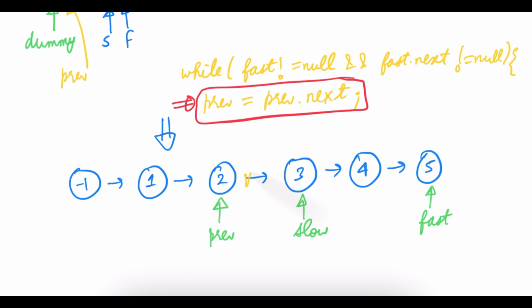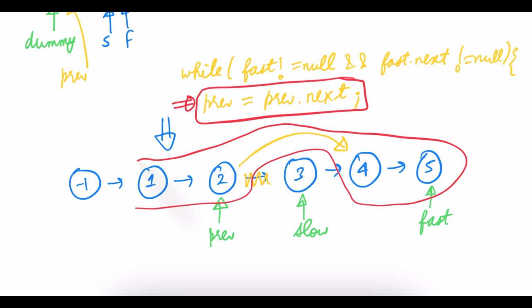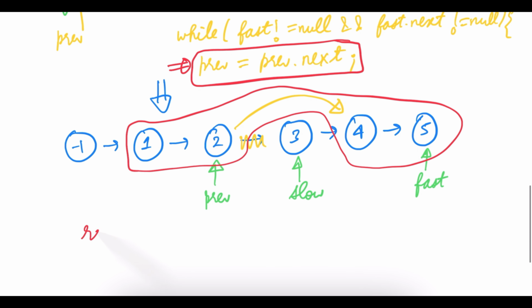So I can simply update the previous.next reference to point to this node, and my new linked list is going to be this one, and at the end I can simply return dummy.next and we will get the newly modified linked list.